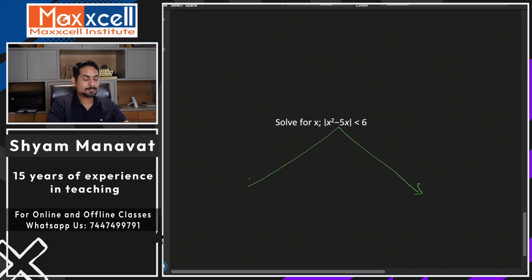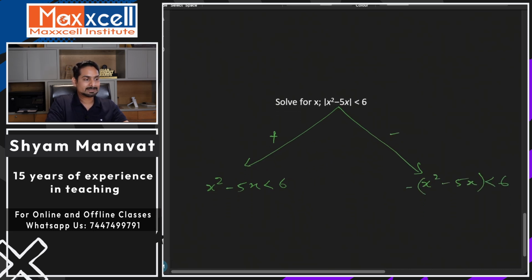Here we got modulus, you remove the modulus sign, take positive, so here you got x square minus 5x less than 6, and here if you take the negative sign, you got x square minus 5x, the whole negative, less than 6. To get rid of this negative sign, I multiply minus 1 both sides, so I get x square minus 5x minus 6 here, and the sign of inequality will change, right?